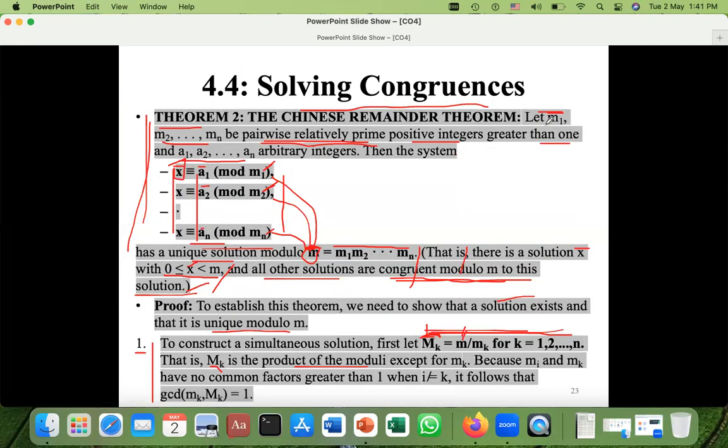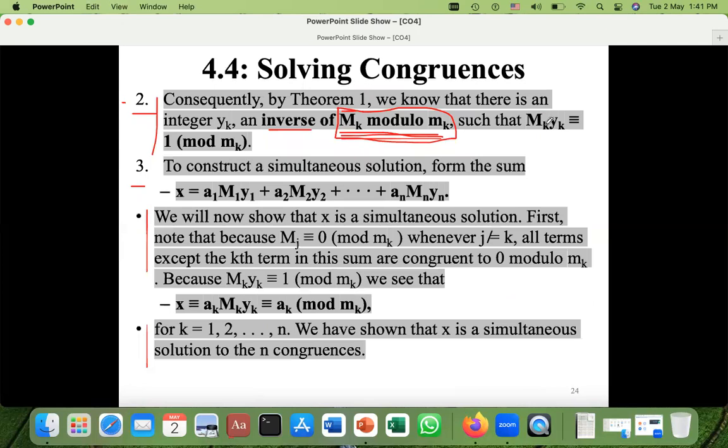Anyhow, for example, you have these things and you can convert them, or you can say those things also like that: Mk yk congruent to 1 mod mk.